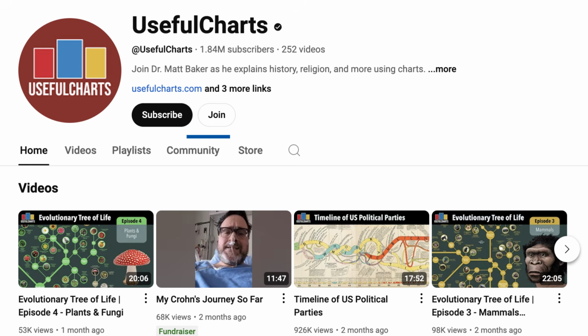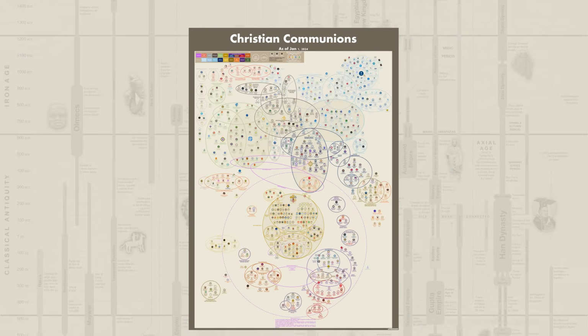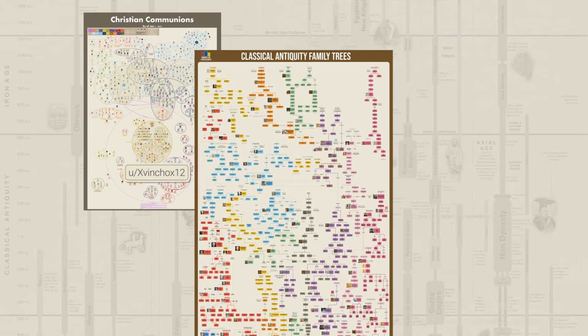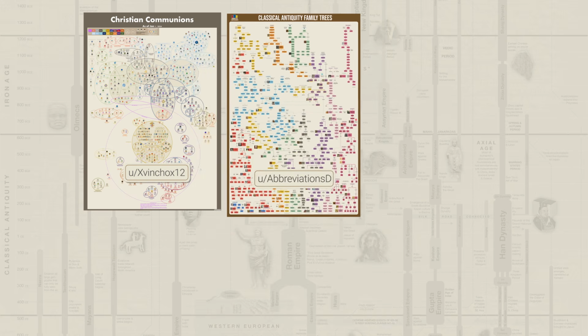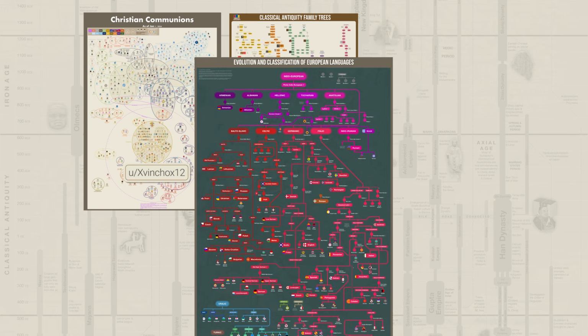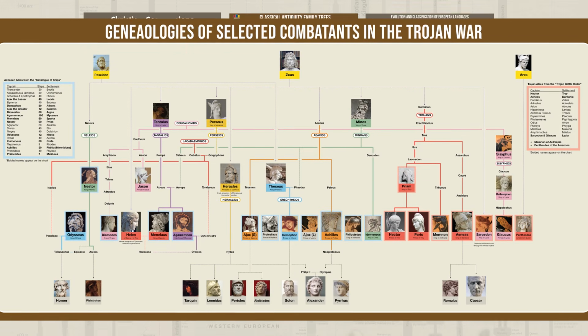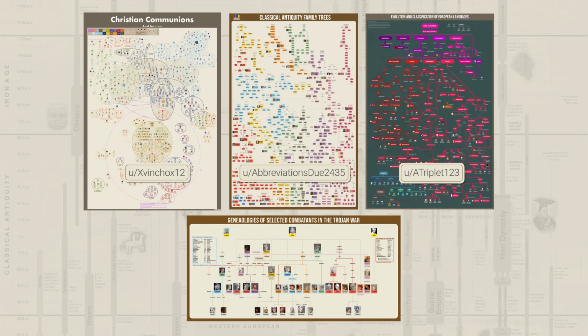Okay, so the finalists are, in alphabetic order, Christian Communion's updated version by X Vinchox, Classical Antiquities Family Trees by Abbreviations Do, Evolution and Classification of Languages by A Triplet, and Genealogies of Selected Combatants in the Trojan War by Guest 53.